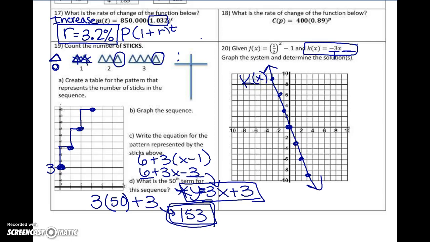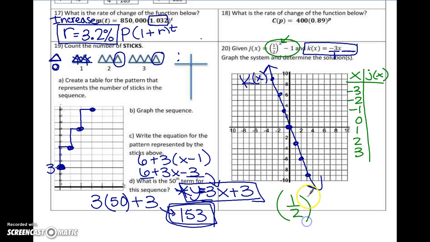And then for the other one, we've got x. I'm going to make a table for this one, and j of x. And I need some negatives and I need some positives to plug in. I'm going to do -3. I'm going to put in a bunch of numbers actually, just to make sure I've got enough here. So those will work. If I plug in -3 into the x, so we would have 1/2 to the -3 minus 1.